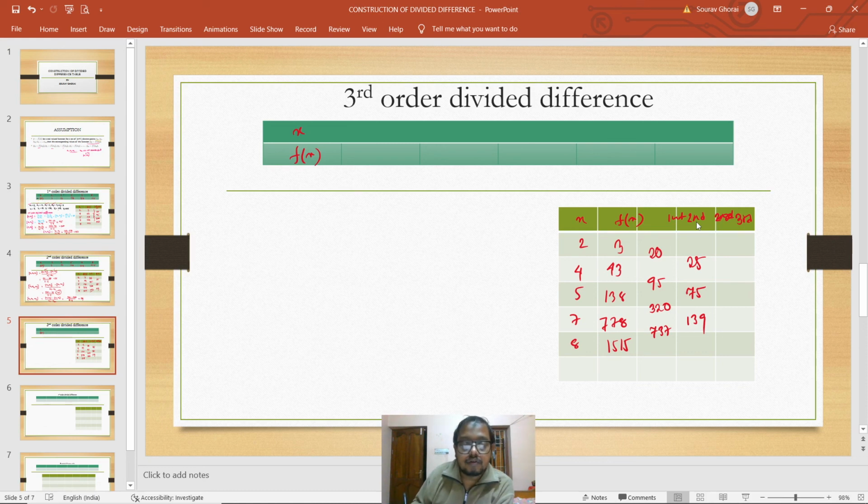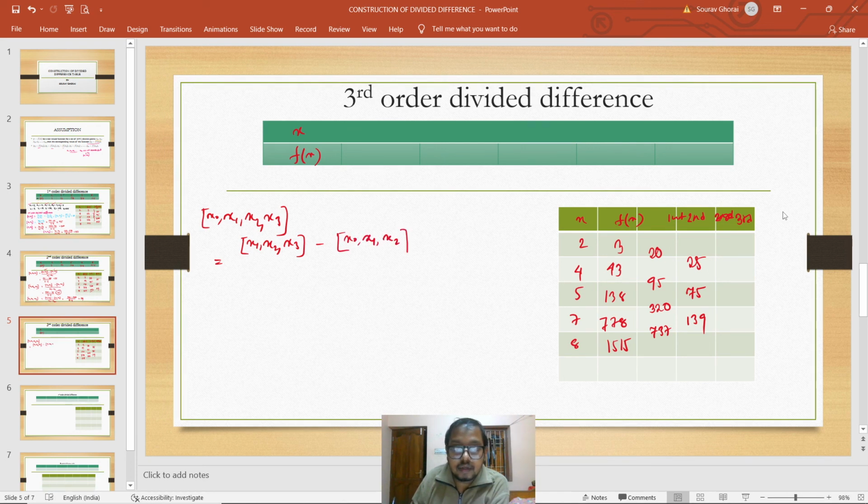So now, how can we find the third order difference table? That means the third order difference will consist of x0, x1, x2, x3. So how can we find it? We will write it like this: [x1, x2, x3] minus [x0, x1, x2] divided by x3 minus x0.